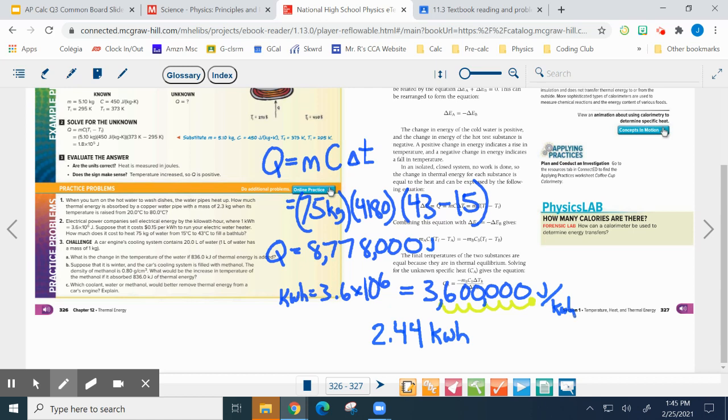So if we take the first divided by the second, we find out it takes 2.44 kilowatt hours, and then we'll multiply that times what, 15 cents? 2.44 times 15. So that equals 37 cents.